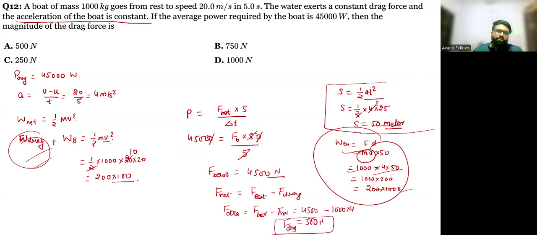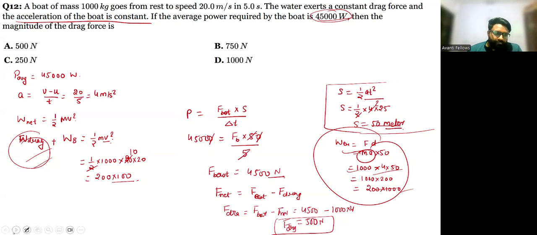Now in these types of questions, always remember whenever the power is mentioned, this power is mentioned for the boat force only. The acceleration in these types of questions is the net acceleration. If two forces are acting, like in this question, drag force and boat force, the acceleration is produced by the net force, which is the difference of these two forces or the summation of them.